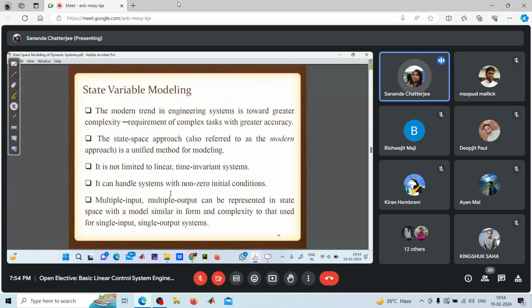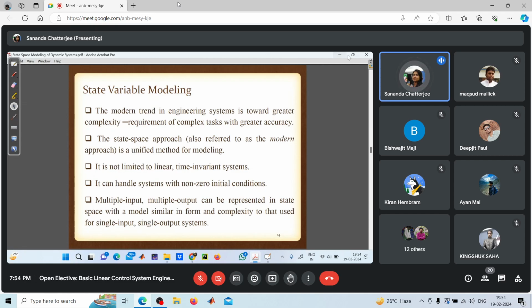If you can remember, you have studied the transfer function model of a system. In that kind of modeling, what are the limitations? Do you remember?